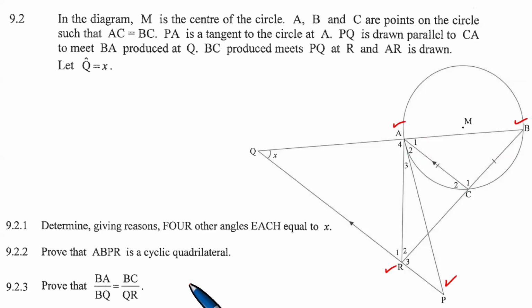So now, what do we do here? ABPR is a cyclic quadrilateral. So is this a cyclic quadrilateral with a couple of things that we need to take into account?